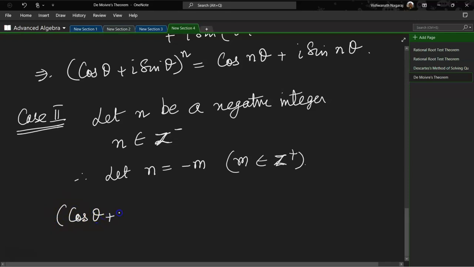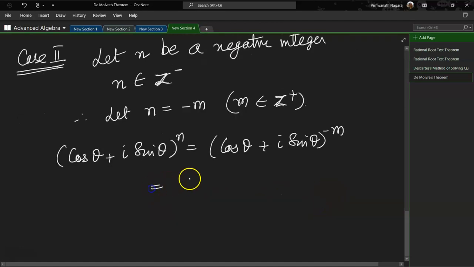(cos theta plus i sin theta) to the power of n is equal to (cos theta plus i sin theta) to the power of minus m, which is equal to what? Negative power means it goes into the denominator.